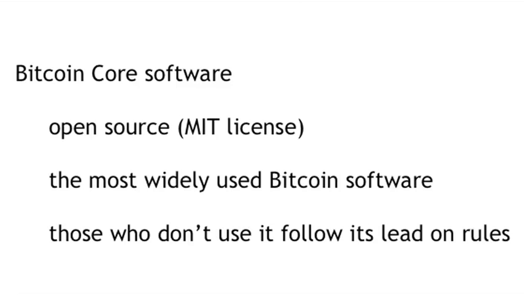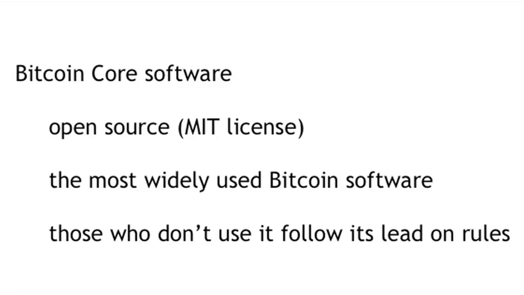The Bitcoin Core software comprises the most widely used Bitcoin software. And even those who don't use it tend to look to it to define what the rules are. That is, people who are building alternate Bitcoin software typically try to mimic the rule-defining parts of the Bitcoin Core software.